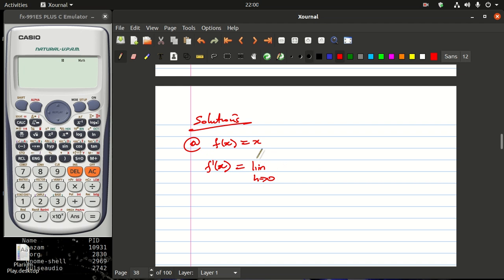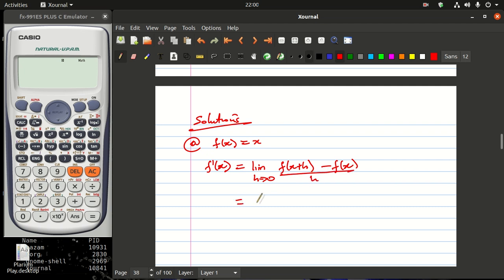Without this, you don't know what you are doing. You're supposed to get 0 marks. So make sure that it is always there so that you don't lose marks unnecessarily, because this is way too easy. And this one is going to be f of x plus h minus f of x divided by h.